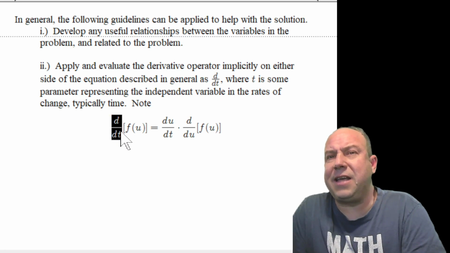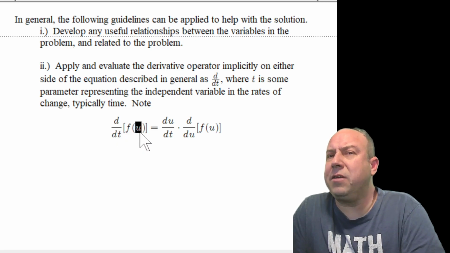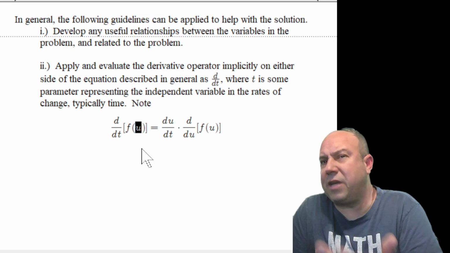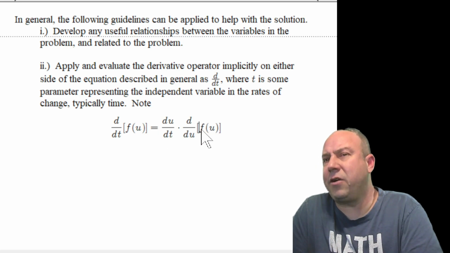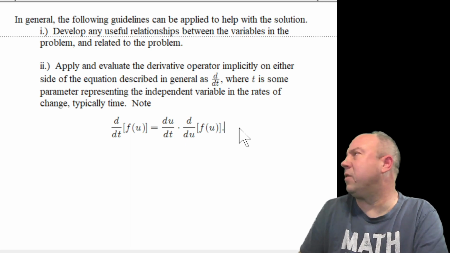When you apply it to any function of some other variable, here we say variable u, it is du dt times the derivative of that function with respect to that other variable. Right? So we might even make note of that here.